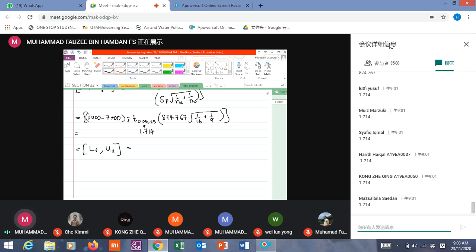So what is the value of lower limit and upper limit? Any problem to calculate, to get the same answer?